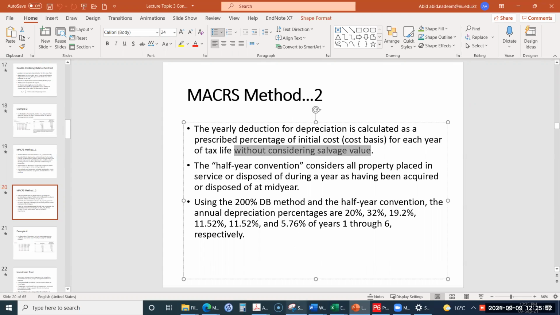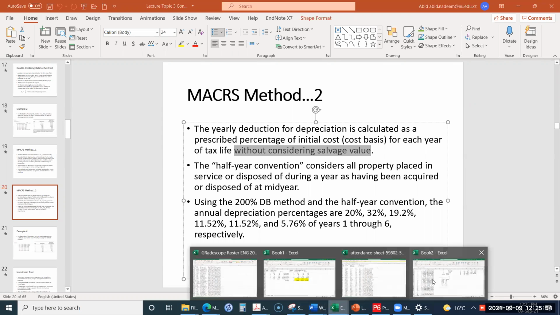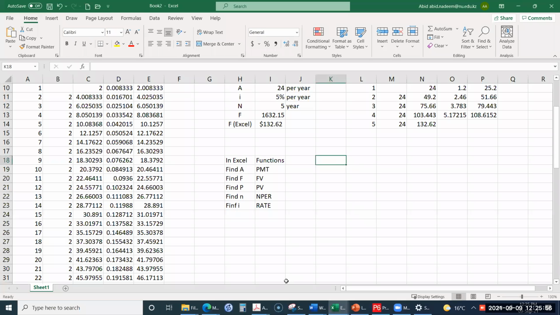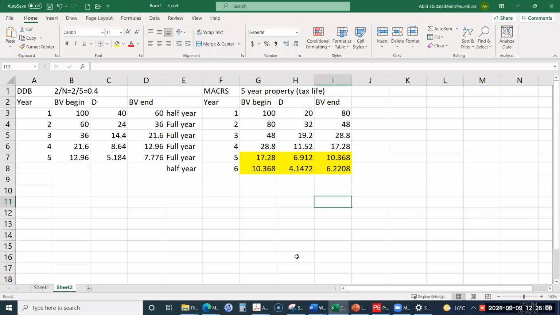So what actually has been done over here is that we need to change the depreciation method, because you can see that by the double declining balance method, we cannot reach the salvage value of 0.